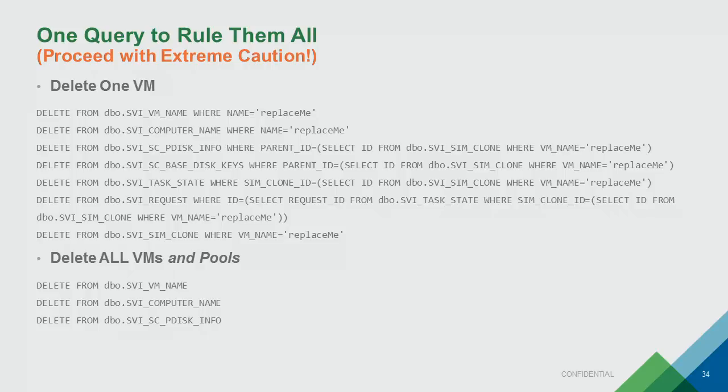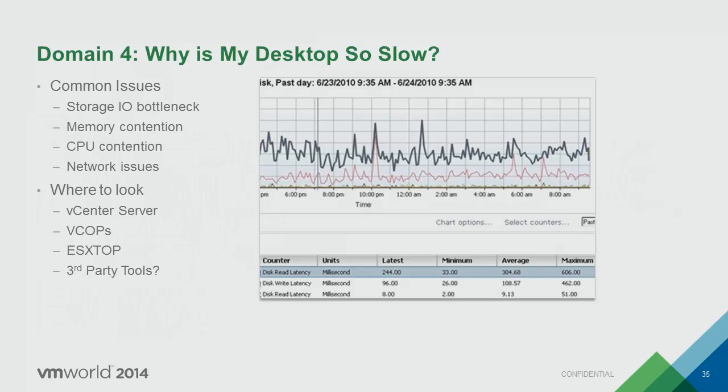And of course, you would replace the 'replace me' with the name of the computer, and you would execute all these actions in SQL, and then you're good. You're good to go from that aspect, right? Referencing the last slide, you do all those other things. You delete, here's the query you delete from Composer, and you're good to go. So this is a nice handy reference for if you need to clean things up, and it happens. So nice reference material. Again, I would grab the PDF of this.